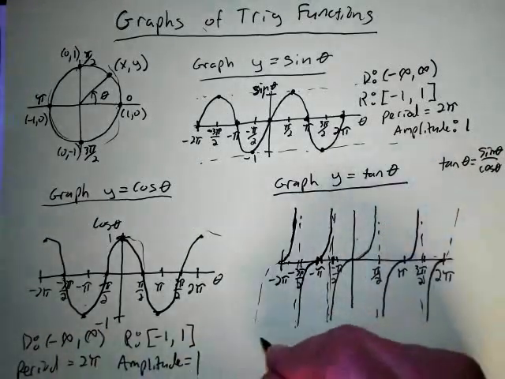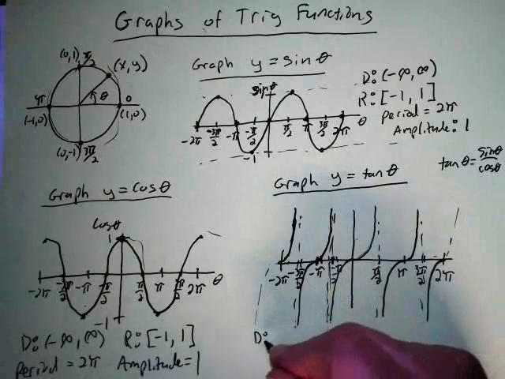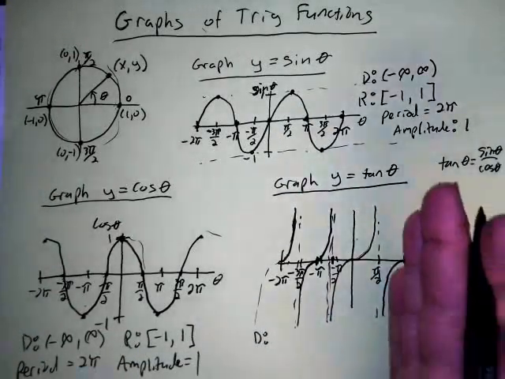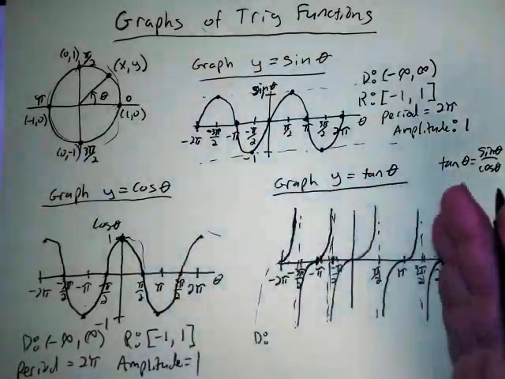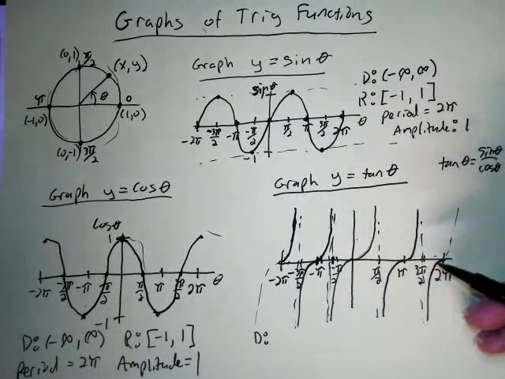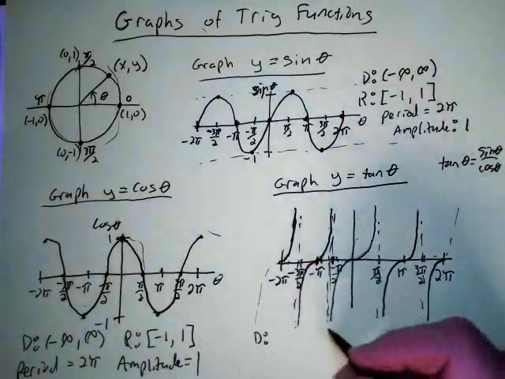Okay? And the domain is a little tricky too, because the domain here is going to be all real numbers except for pi over 2, 3 pi over 2, so on.